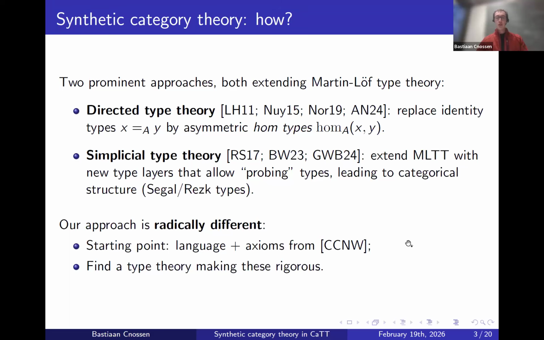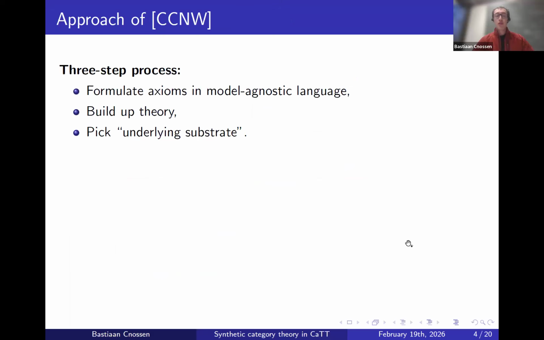So the approach we are taking in this joint project, and I should say that originally, before I joined the project, the other authors had a slightly different perspective. They were working in the clan and tribe setting of Joyal. And then Denis-Charles Cisinski gave a lecture course about this.